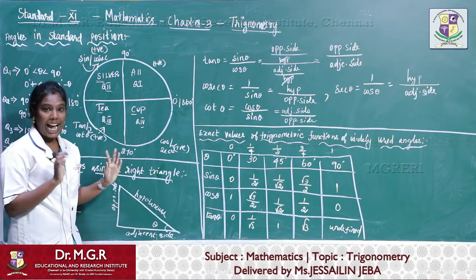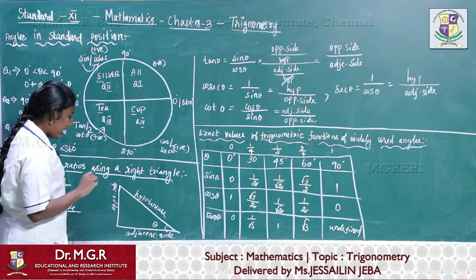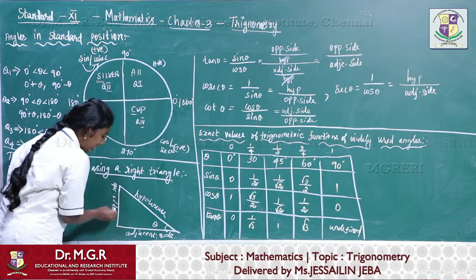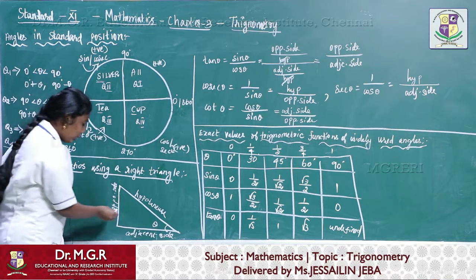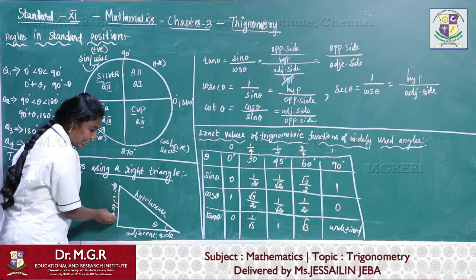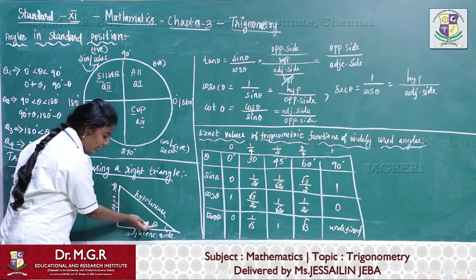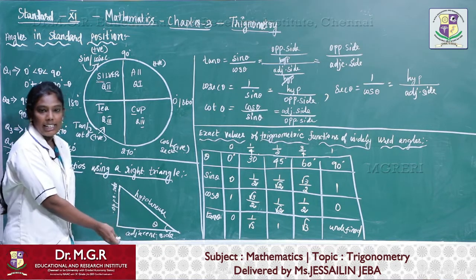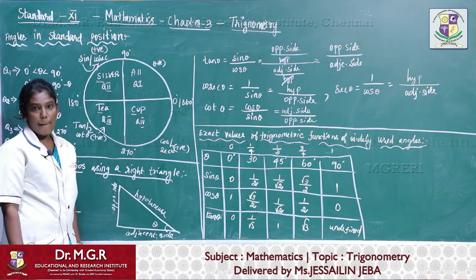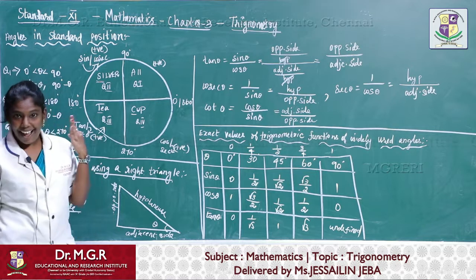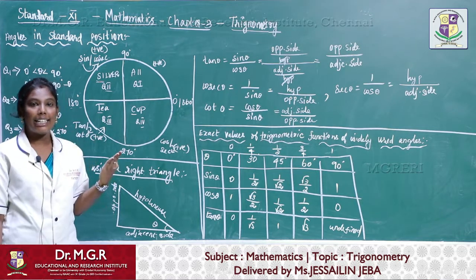First we have to point the side which is opposite of the theta, that is our opposite side. So this is our opposite side. And adjacent of theta is our adjacent side. So the rest of the side is hypotenuse. So totally we are having 3 sides in a right angle triangle.